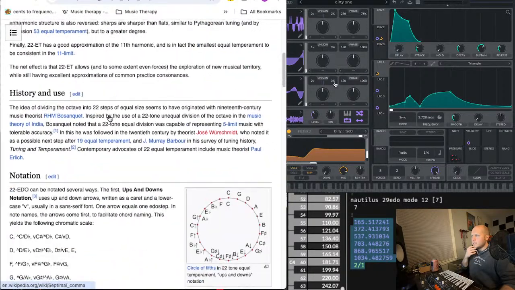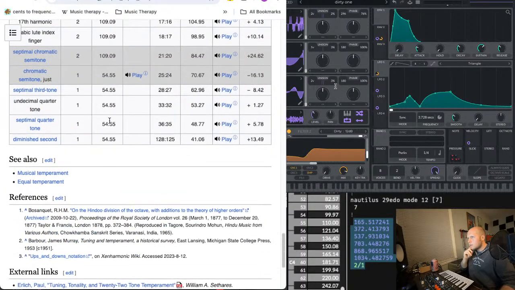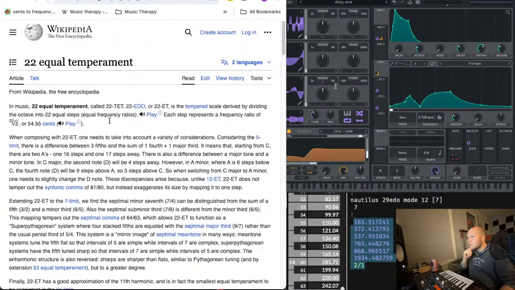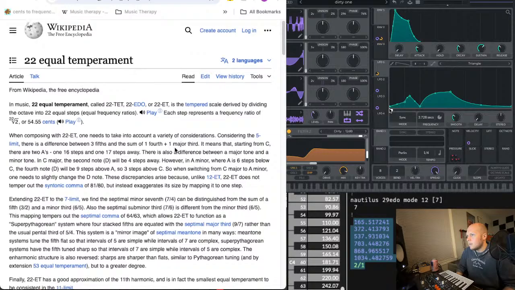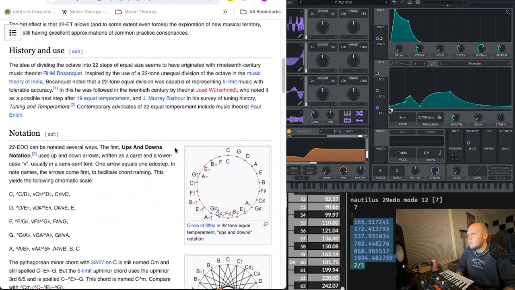Oh, 22 has a nice page. Oh, this is Wikipedia. Why does 22 get its own page? I love 22. I'm just curious. I guess I don't know much about it. History and use. Seems to have originated with 19th century music theorist R.H.M. Bosanquet.